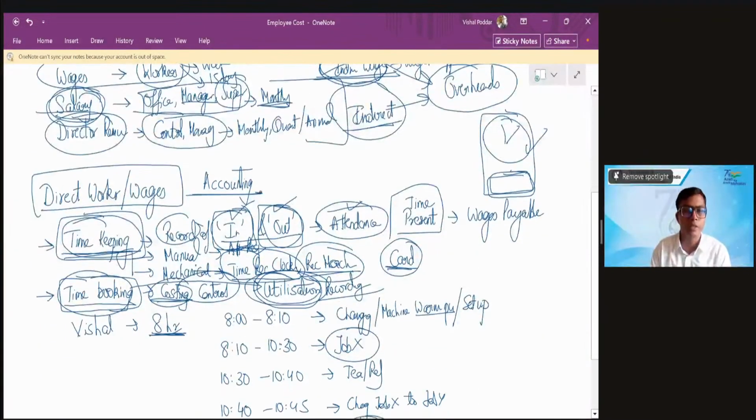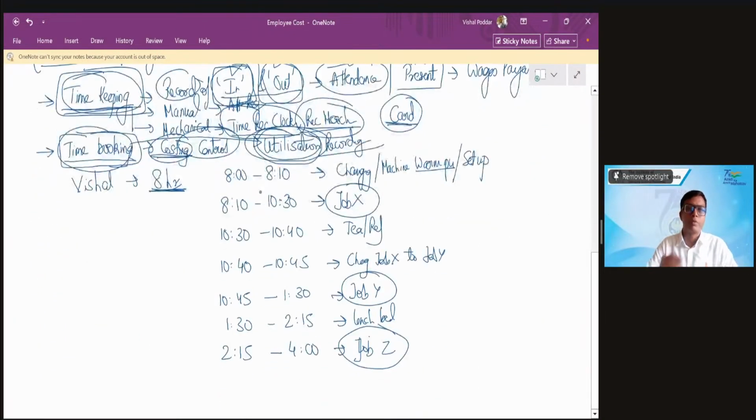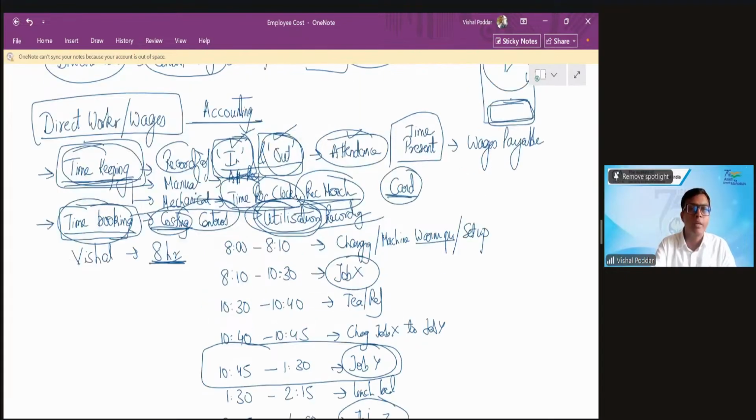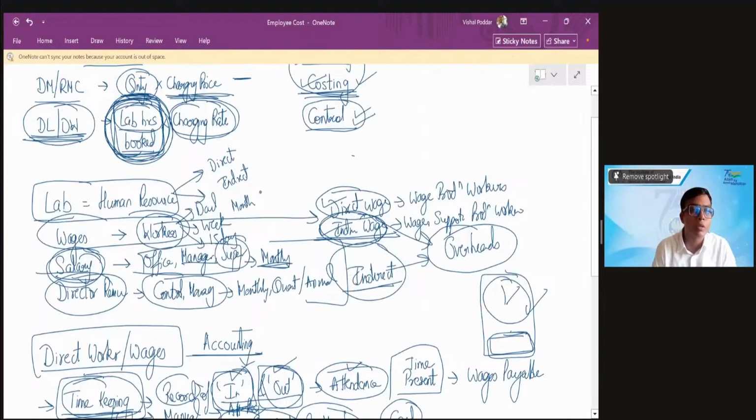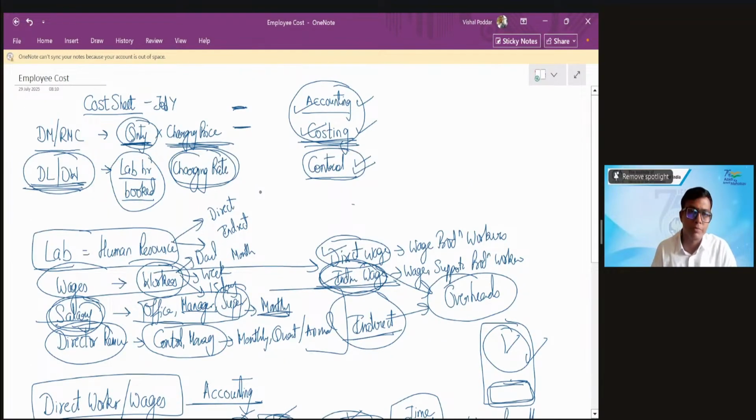You will take this time record of different workers. Like me, different workers are working on job Y. You will take the time worked by every worker on job Y from this time booking, and that time you will put over here, which is called the labor hours booked, or the labor hours worked on every job.